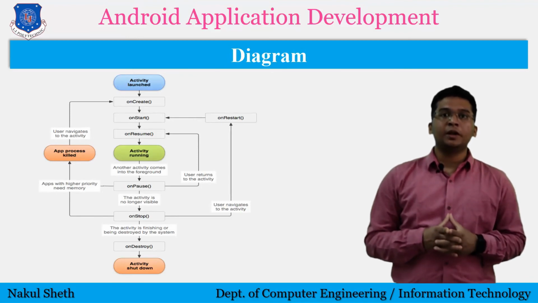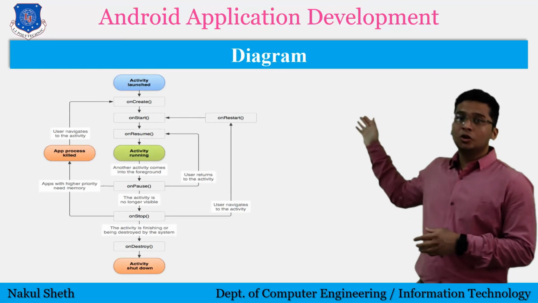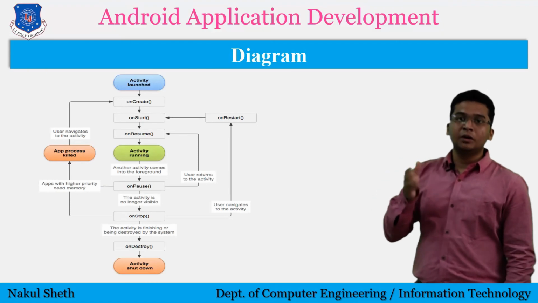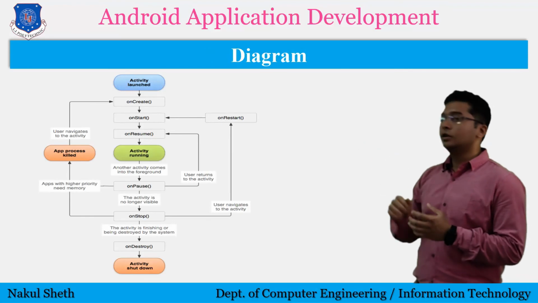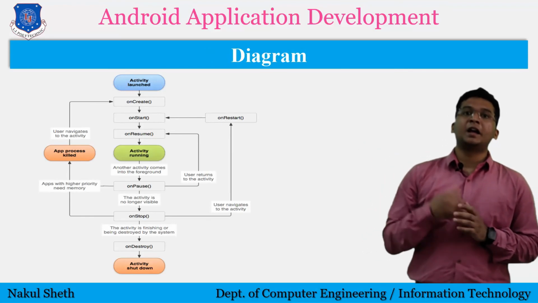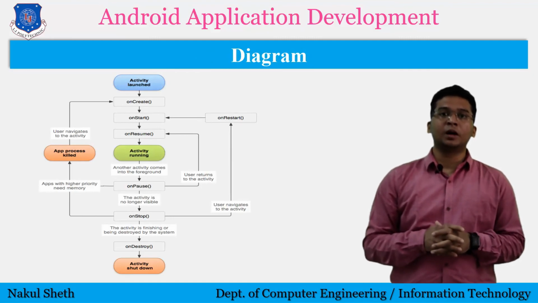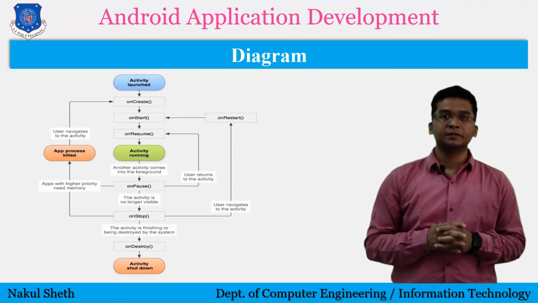Now when you open your application from recent apps, your activity becomes visible again to the user, and the Android OS will invoke the onRestart method. And at last we have onDestroy. The onDestroy method will be invoked by the system, or we can also invoke it manually by using the finish method. So this is all about the Android activity lifecycle and its methods.